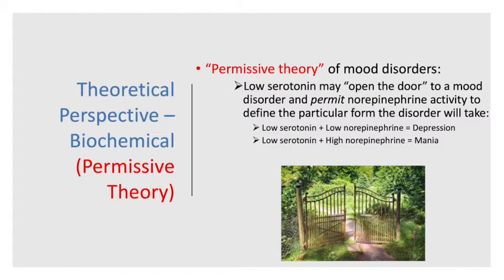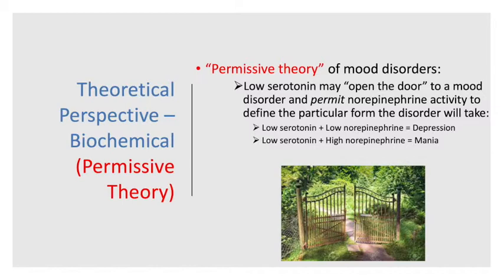And the idea behind permissive theory of mood disorders is the experience of low serotonin may actually be a gateway. So it could be a gateway for mood disorders, and depending on the norepinephrine levels in the brain, combined with the low serotonin levels, will produce either depression or mania.